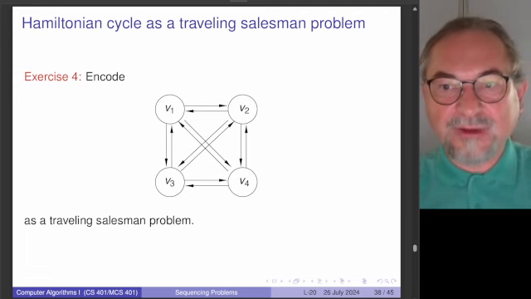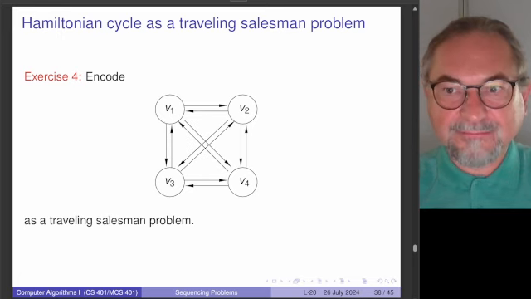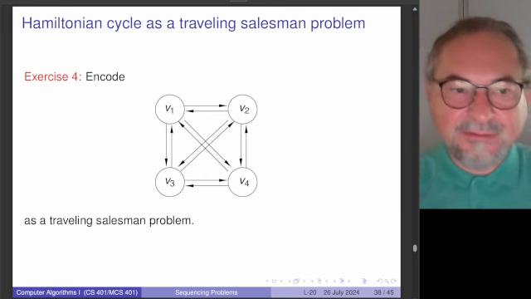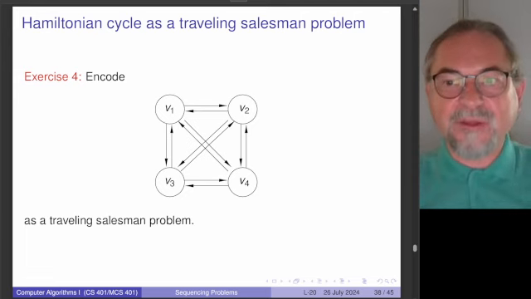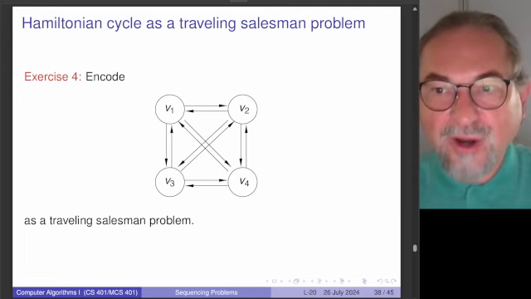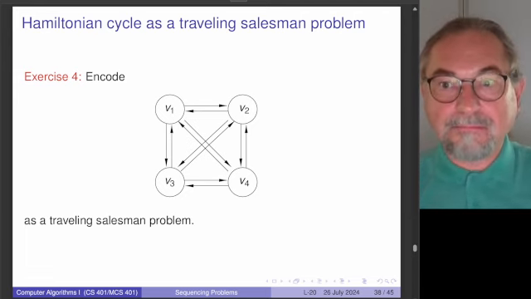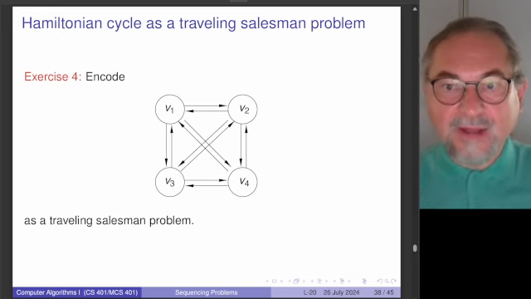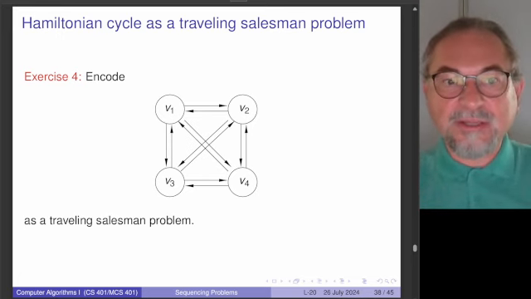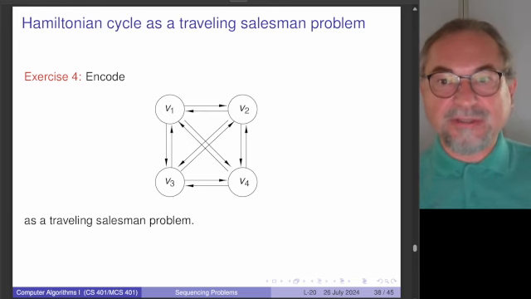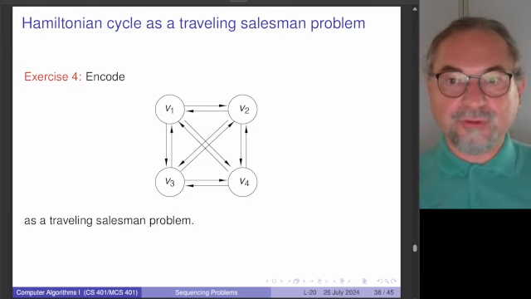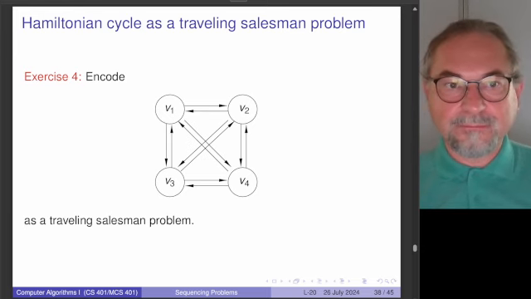Encode this as a traveling salesman problem. This exercise seems quite trivial, but also verify now that if you have a Hamiltonian cycle in this graph, you also essentially have a solution to the traveling salesman problem.